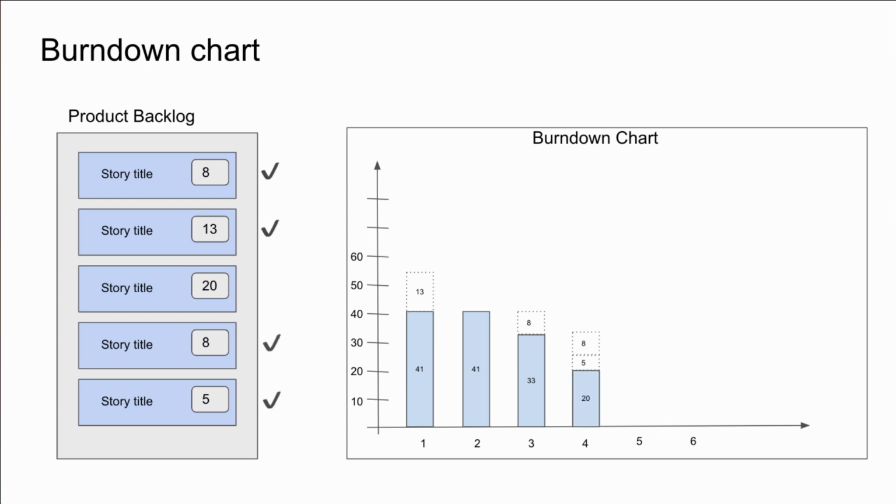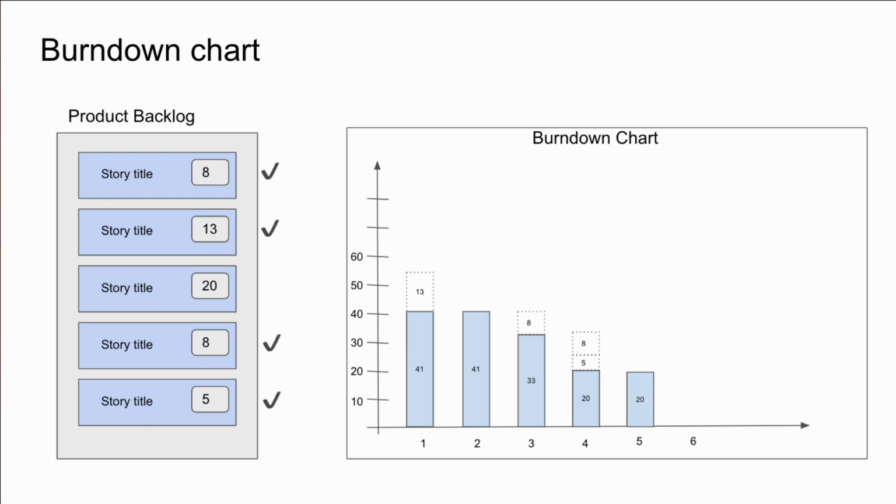And in the following sprint, the team finished 2 stories, so 8 and 5. And that's then deducted from the remaining story points, which was 33 in the previous sprint, right?